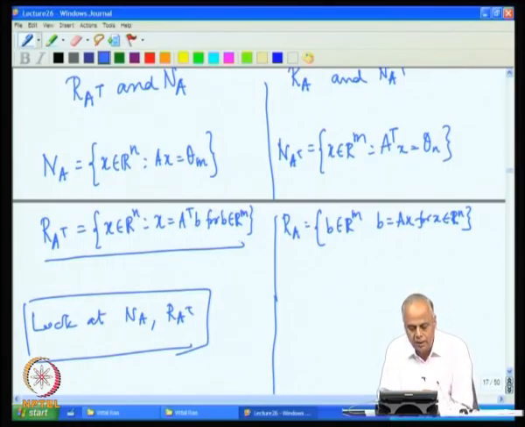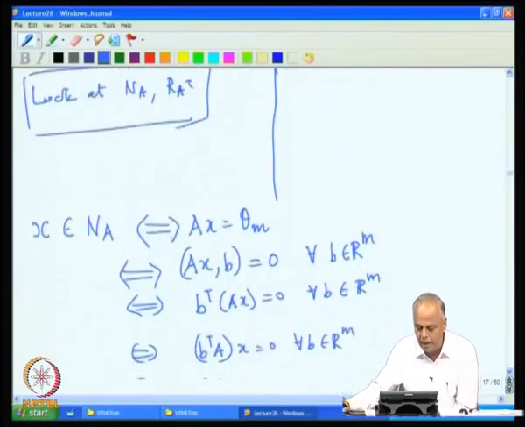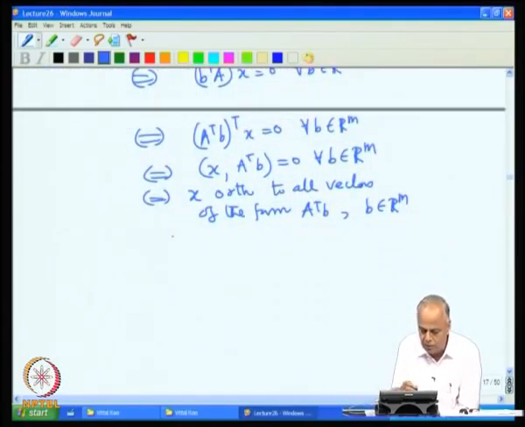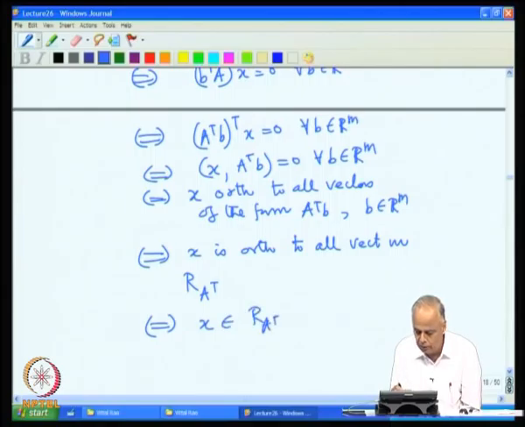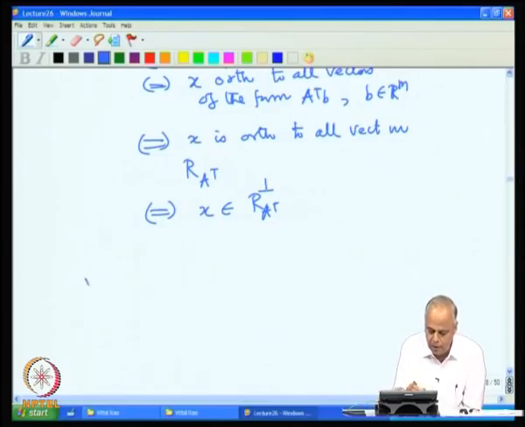The vectors in the range of A transpose are all vectors of the form A transpose b, and therefore, this means x is orthogonal to all vectors in the range of A transpose, which means x belongs to range of A transpose perpendicular. Thus, we see that the null space of A is the same as range of A transpose perpendicular.